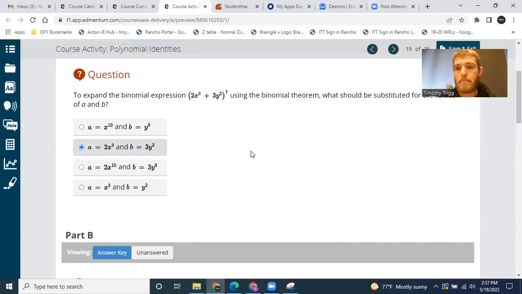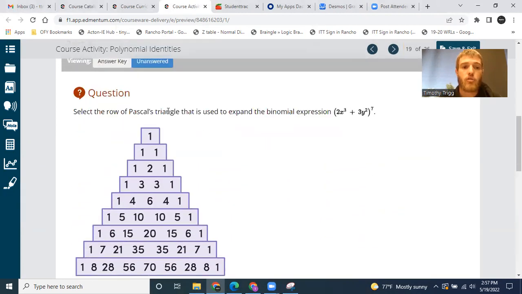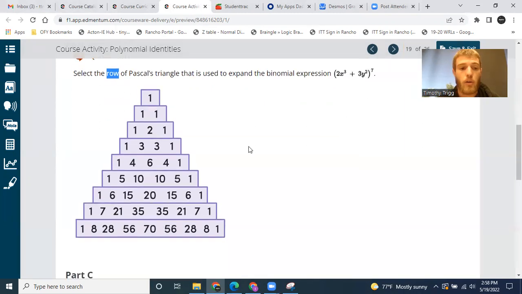Now, using Pascal's triangle, which layer or which row of Pascal's triangle will be used for 2x to the third plus 3y squared to the power of 7? Well, you would use this row right here. You can count the 1 at the very top as the power of 0.